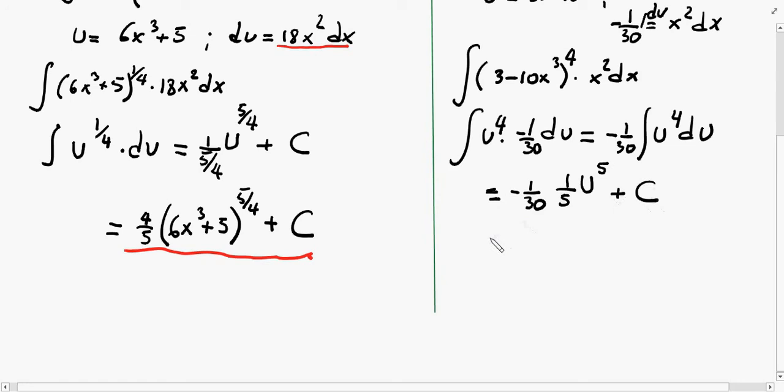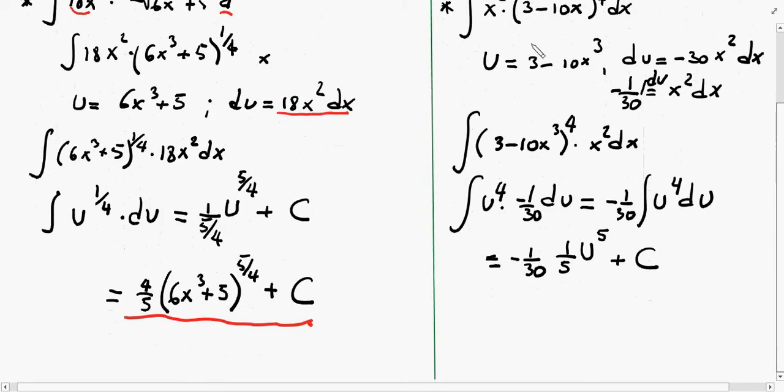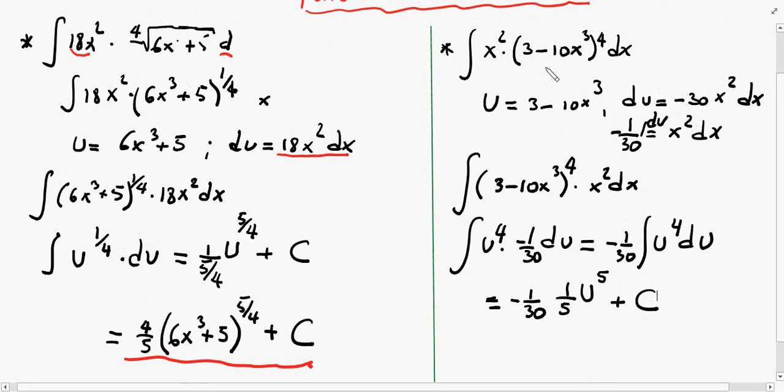Now we can replace u by its value, which we know already. Remember we did a substitution: 3 minus 10x to the power of 3.